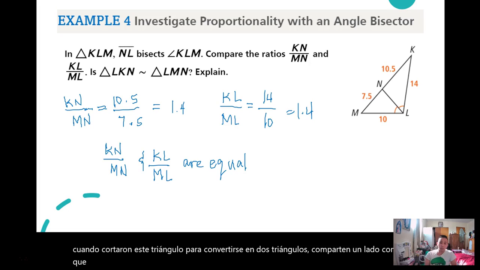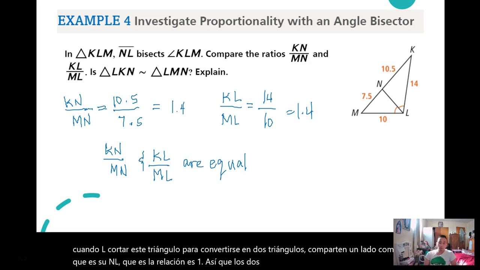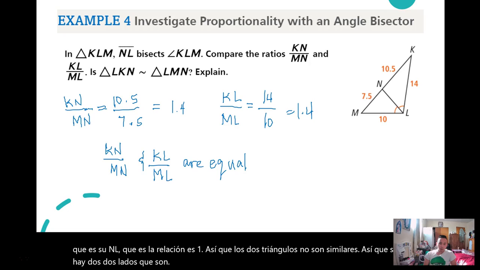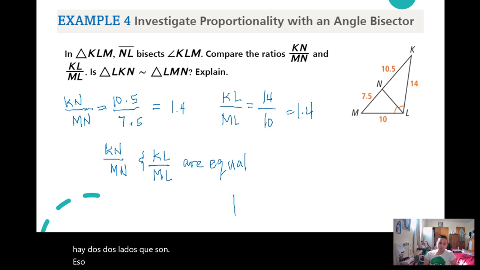So the two triangles are not similar. There are only two sides that are proportional, so you can say now that the two triangles are not similar.